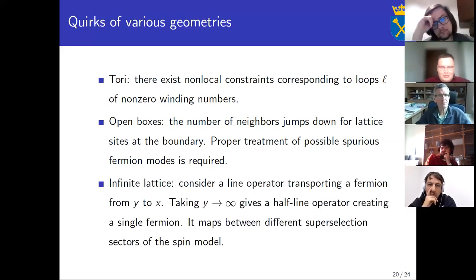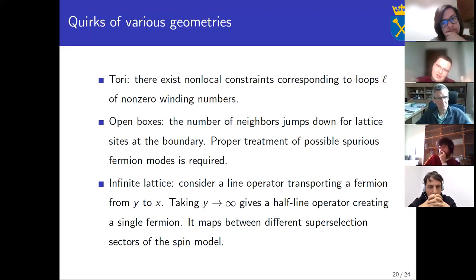And I would also like to mention briefly the infinite lattice. In the spin system, we can implement any even operator. So we can implement a string operator which transports a fermion from some site x to y, or y to x. Then you could think what happens when this y goes to infinity.